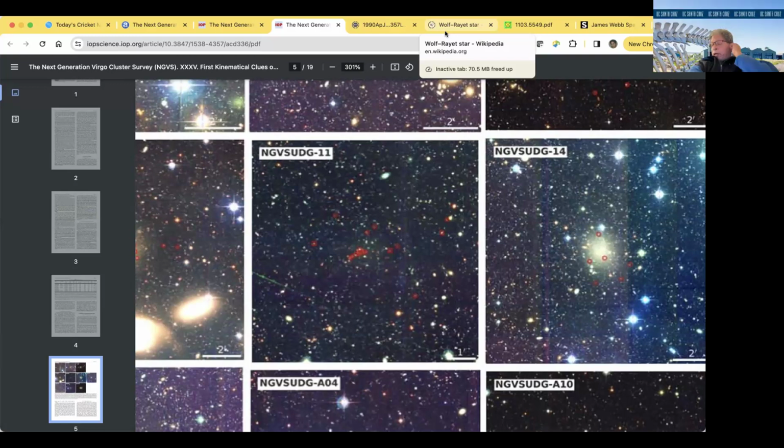One thing we want to do, and this will go in the Google Doc, is this: that paper is from 2011. It's 13 years old. We want to find out what the state of the art is of Wolf-Rayet stars in M33. Are there newer papers? Are there bigger samples? That's an open question.